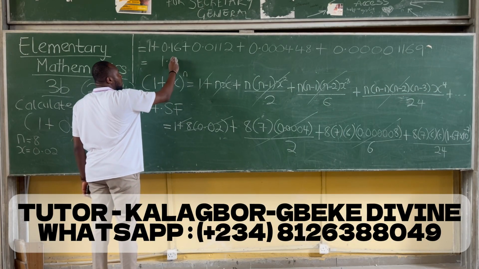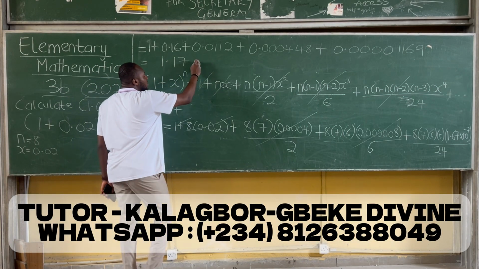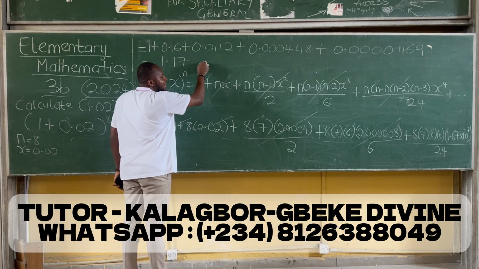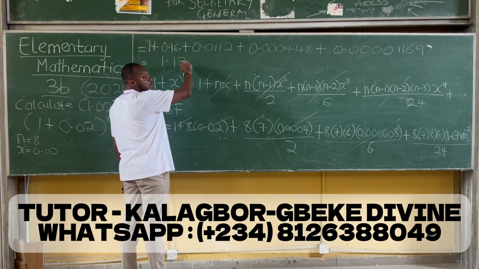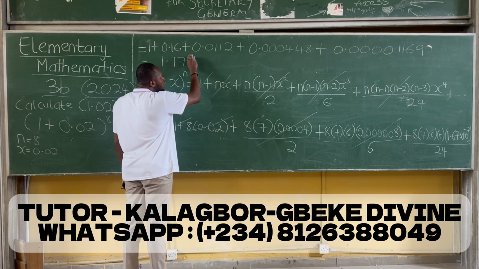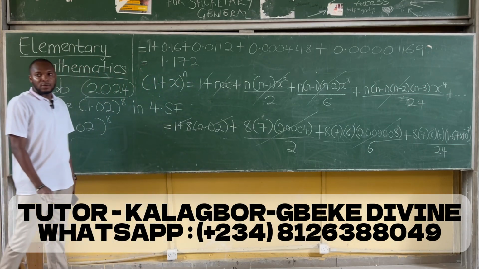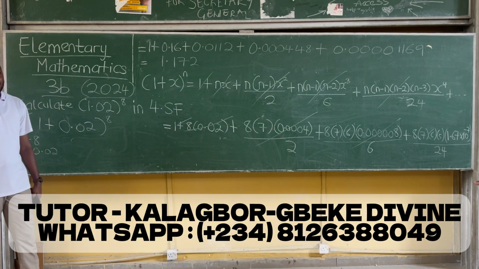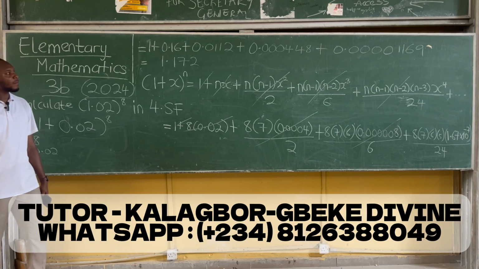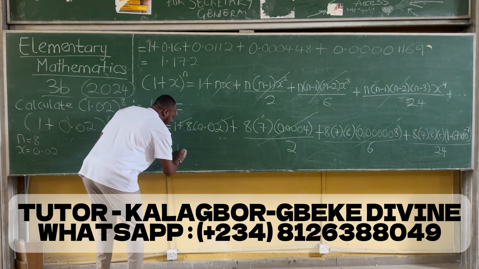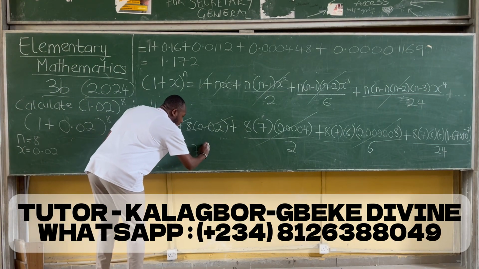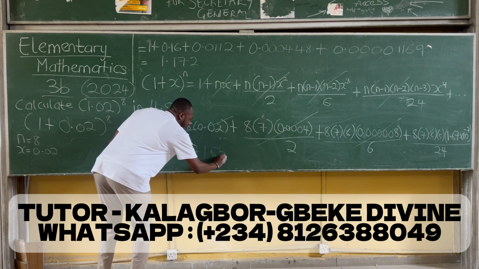1 point what? 17 what? 1717. So you round up that 7 now to 2, right? So it will be 1.172. $1.17165.